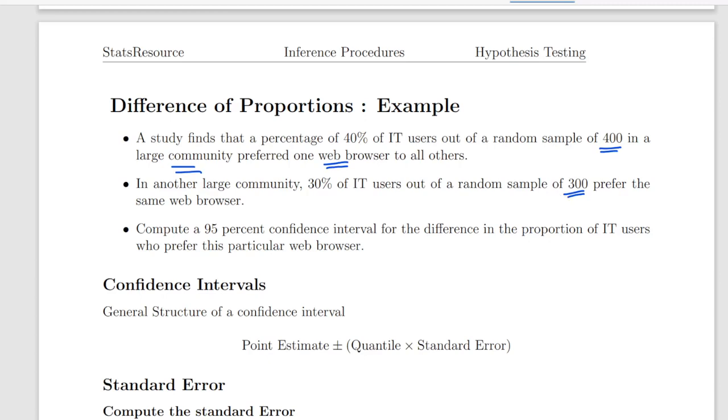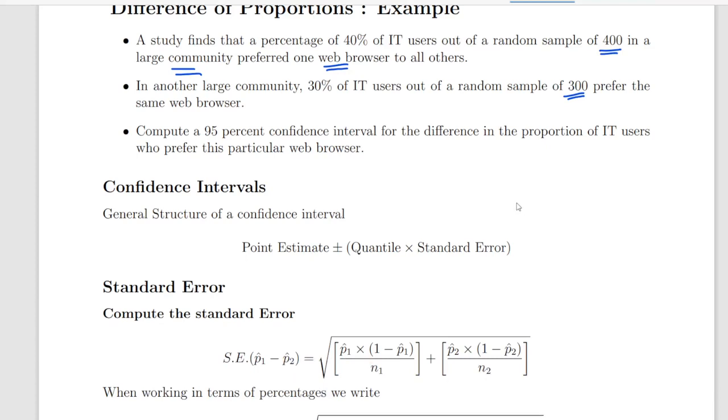Okay. This is a bit old-fashioned question in terms of technology, but this is the thing that people used to talk about back in the old days. Compute a 95% confidence interval for the difference of proportions of IT users who prefer this particular web browser.